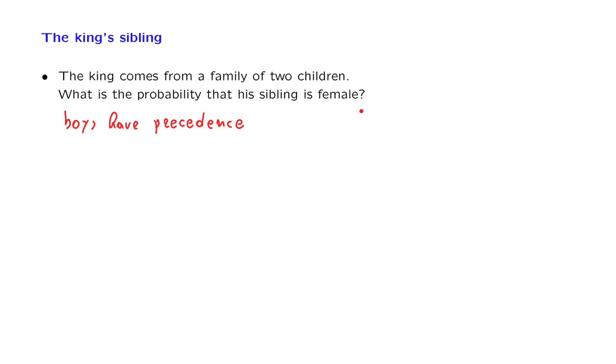Let us also assume that when a child is born, it has 50% probability of being a boy and 50% probability of being a girl. And in addition, let's assume that different children are independent as far as their gender is concerned.